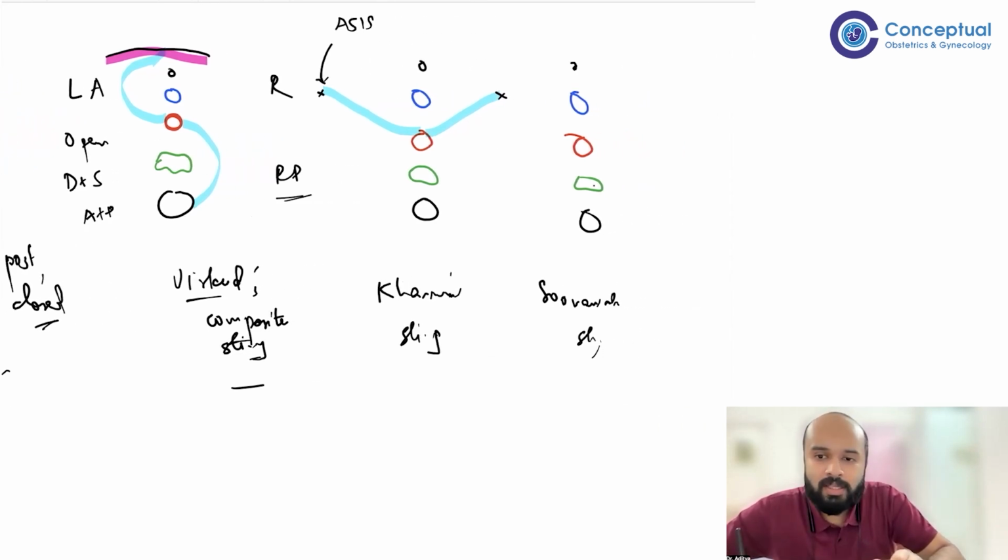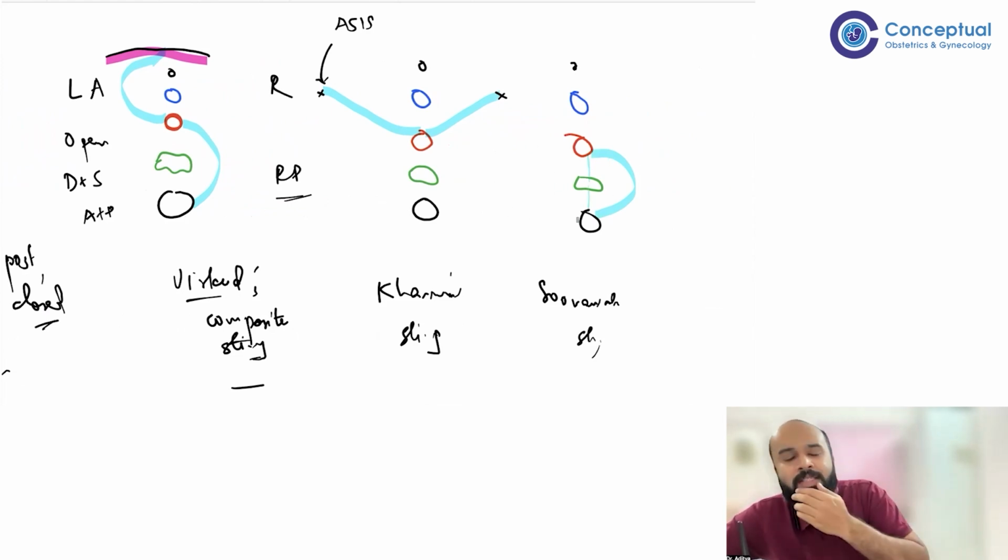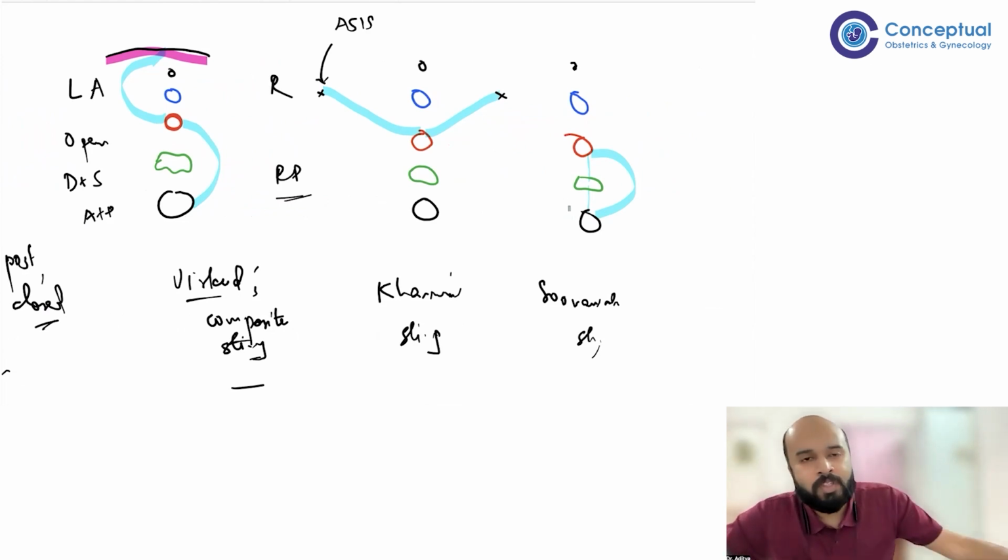He said that the sling surgery that I'll do would be just a one-sided loop, only on one side, that is on the right side. He said, I'll just do this. I won't do anything more, so that on the left side I can spare the sigmoid colon.